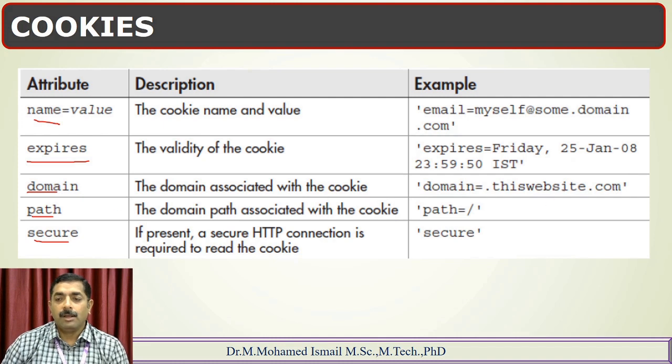For the domain, the website domain name you have to mention. Path, if you want to mention where it is stored, the path can be given. Secure, if present, a secure HTTP connection is required to read the cookie; we can give it as an additional option.